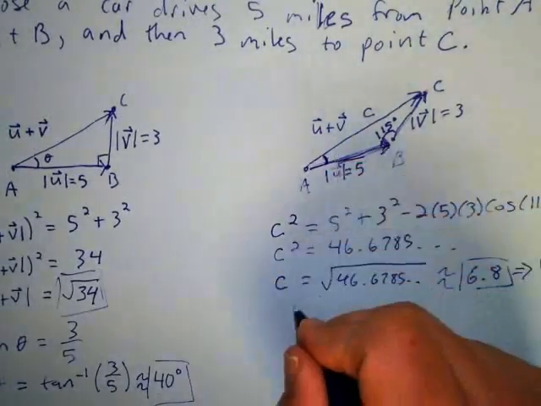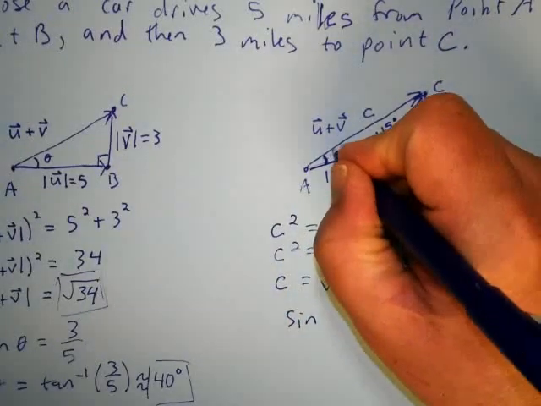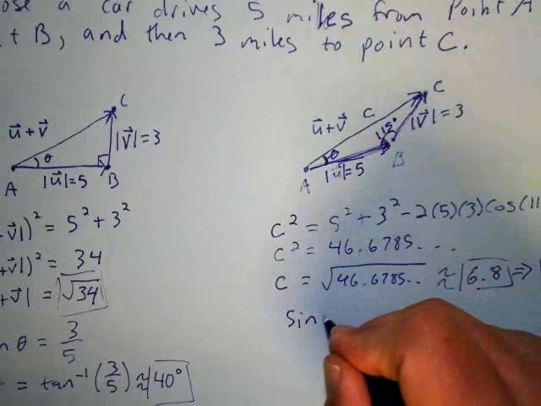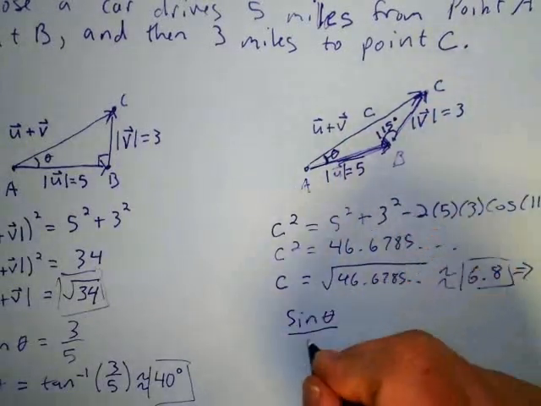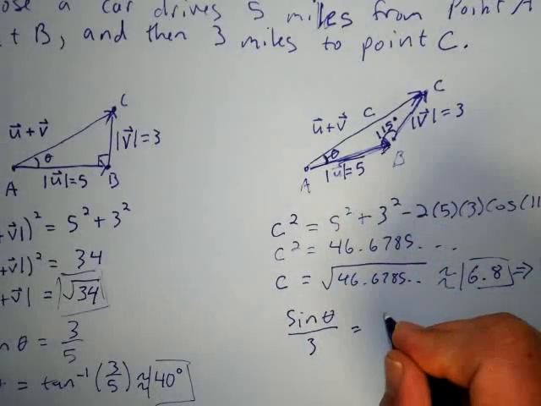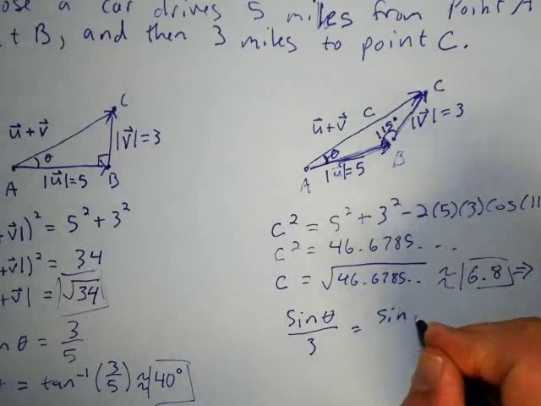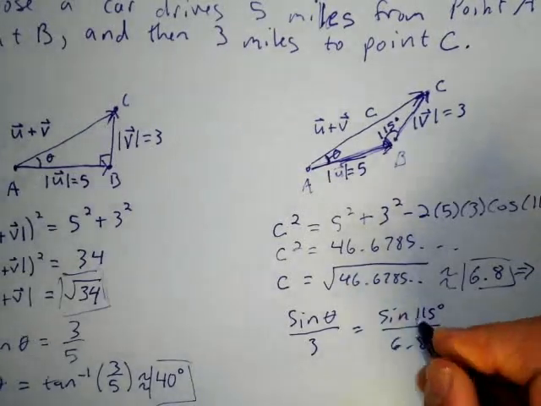Okay? We'll call that angle theta. The sine of theta is to 3 as the sine of 115 degrees is to 6.8.